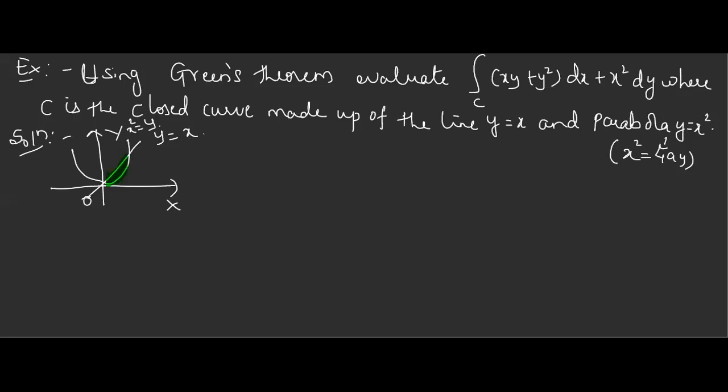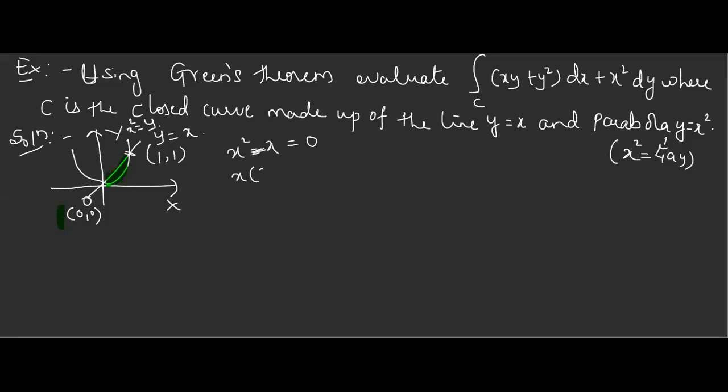Now this line and the parabola are intersecting at two points. One of them is the origin. What about the second point of intersection? Can you tell me the coordinates of this point? 1, comma 1. See, easily you can solve it. Both are equal to y, so take x square equal to x, or x square minus x equal to 0.